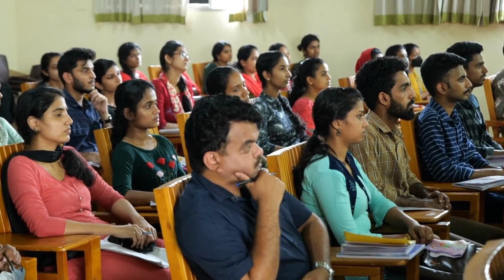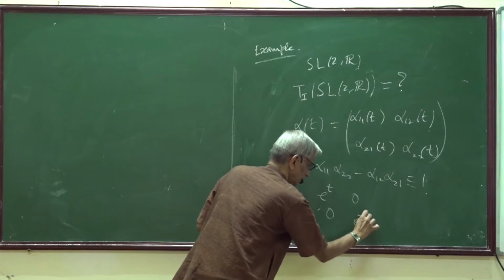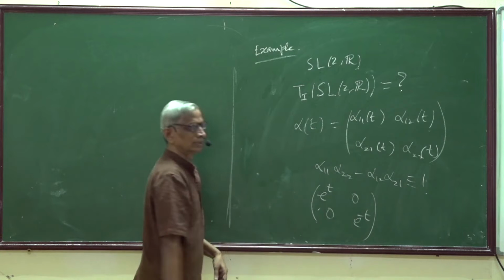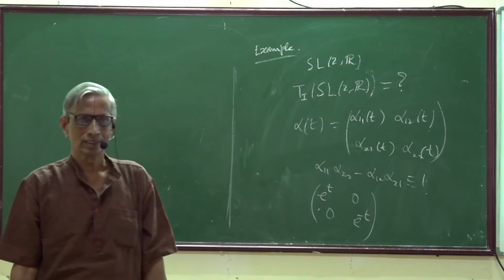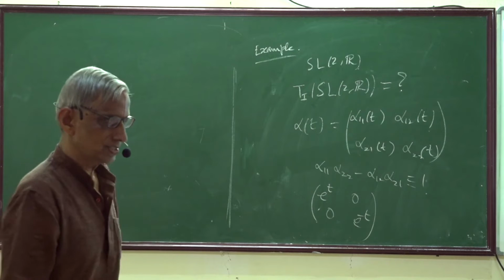So give me some examples of such things. Let us first look at some examples of such curves here. So, for example, e power t, 0, 0, e power minus t.